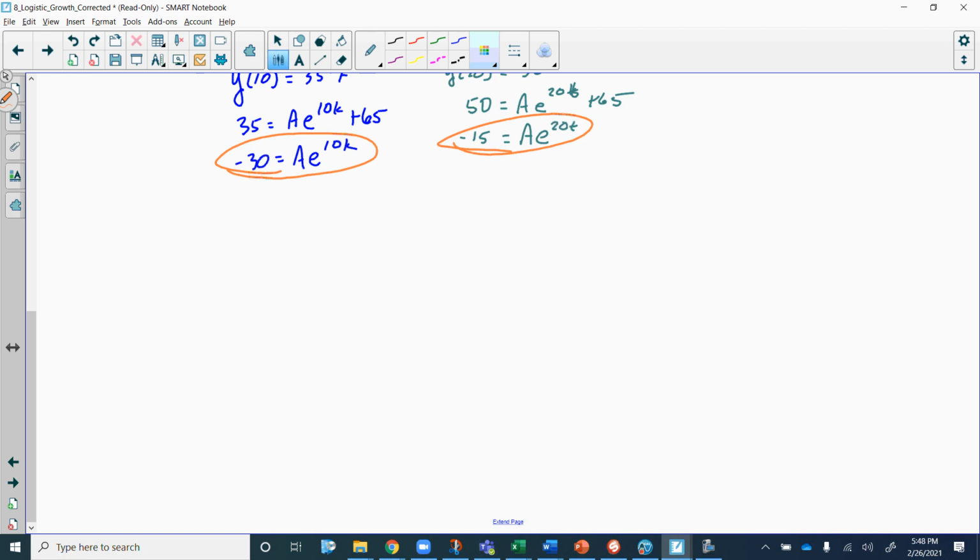So if I take the negative 30 equals A e to the 10k power, and I divide it by the negative 15 equaling A times e to the 20k power, when we simplify this overall ratio, we're going to get a positive 2 equal to e to the negative 10k power.